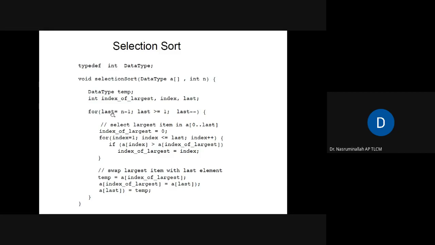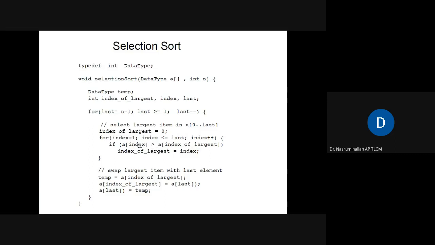The first loop has an index named last, starting from n minus 1 till the first element, and the next loop starts from first till the index of the upper loop, that is last, and at each step it is checking whether the current element is greater than the next element or not.